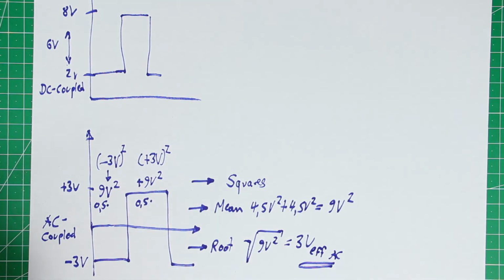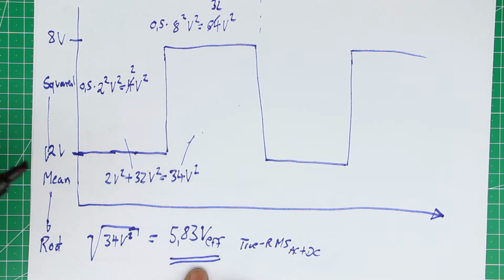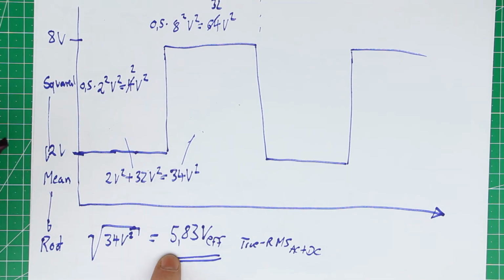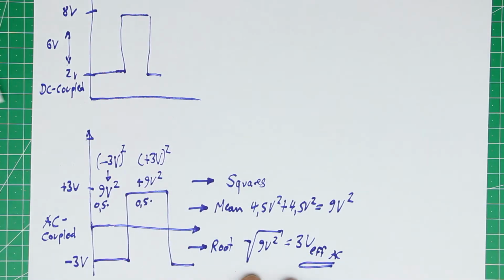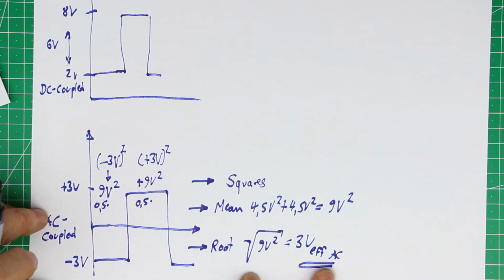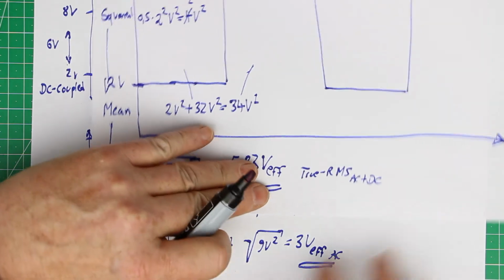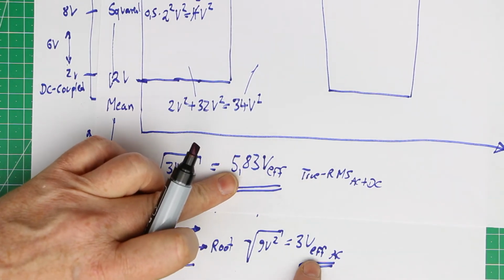So there's a very big difference between the DC coupled RMS effective value 5.83 and the AC coupled effective value. There's nearly a difference of a factor of 2 between the two.